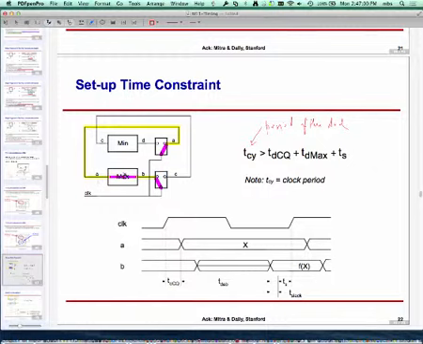It has to go through this yellow path, through the max, and then reach the D input of this bottom flip-flop, setup time before the 11th clock edge coming out here. So I have one clock cycle in which I have to accommodate the propagation delay of the flip-flop, propagation delay of the combinational logic, and the setup time of the successive flip-flop.